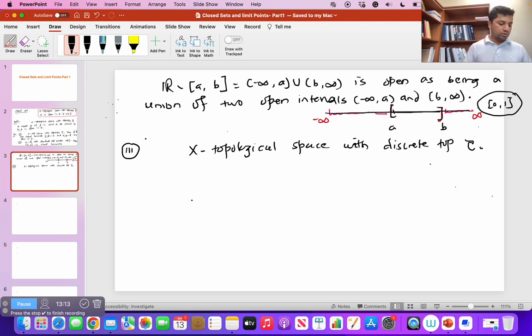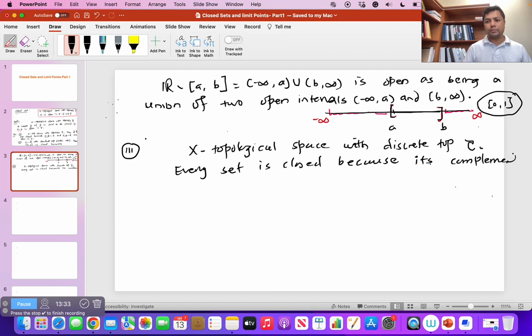So every subset of X is closed because its complement is a union of open sets, and we know that in a topology a union of open sets is open.